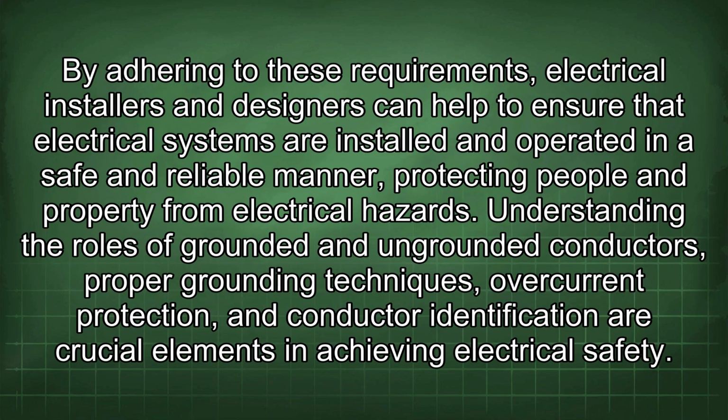By adhering to these requirements, electrical installers and designers can help to ensure that electrical systems are installed and operated in a safe and reliable manner, protecting people and property from electrical hazards. Understanding the roles of grounded and ungrounded conductors, proper grounding techniques, overcurrent protection, and conductor identification are crucial elements in achieving electrical safety.